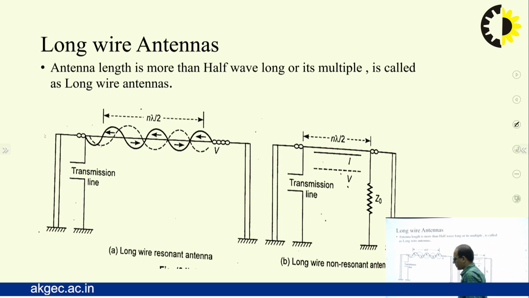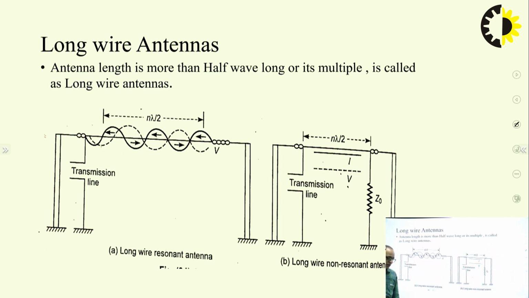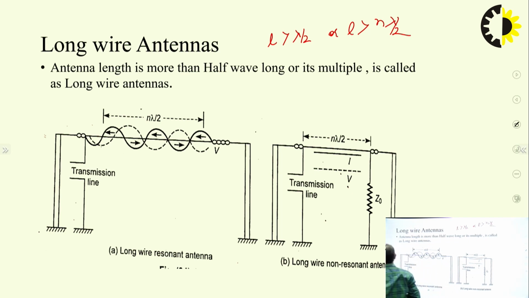Now the next topic of today's lecture is the long wire antennas. If I say what are long wire antennas, these are antennas having a length greater than the half wave dipole, or n into lambda by 2, meaning the length is greater than lambda by 2 or greater than n into lambda by 2, where n is an integer number.